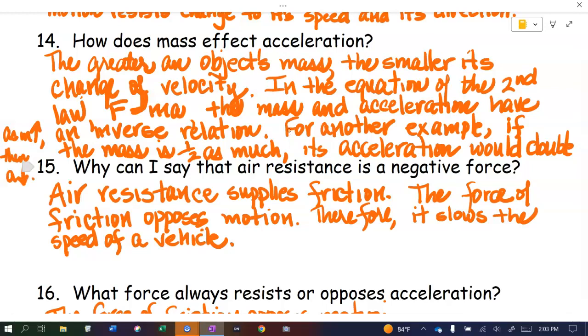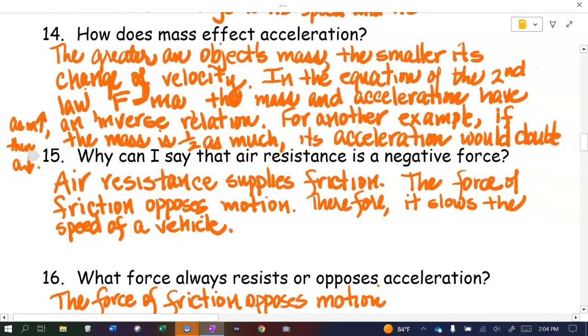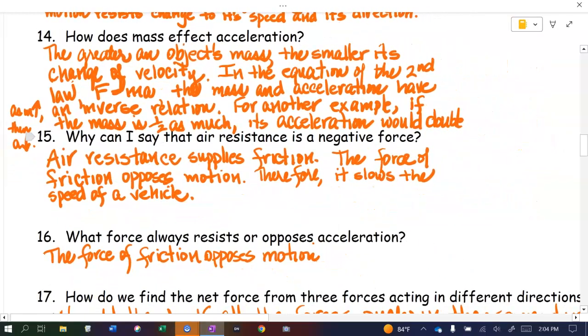For example, for the same size force, if the mass is half as much, the acceleration would double. That's how you do inverse. If the mass is 1/3 as much, then its acceleration would triple.